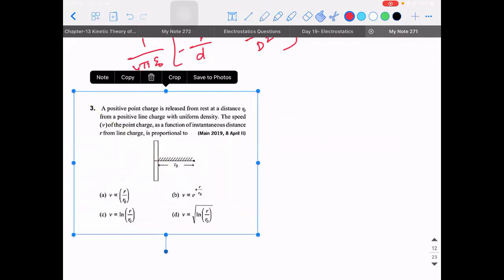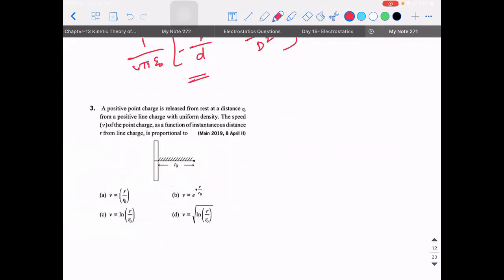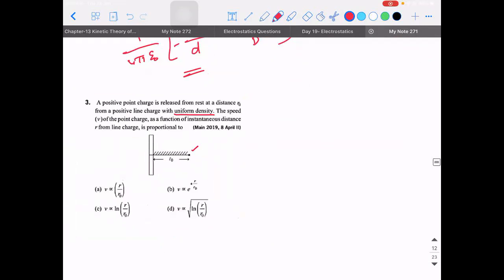There is a positive point charge that is released from rest at a distance r0 from a positive line charge with uniform density lambda. The speed v of the particle as a function of instantaneous distance r from the line charge is proportional to what? It's a good problem.